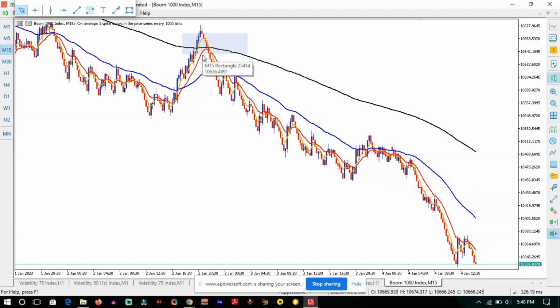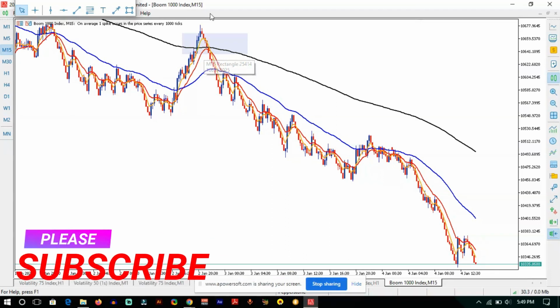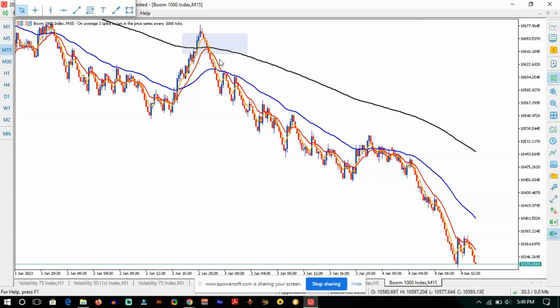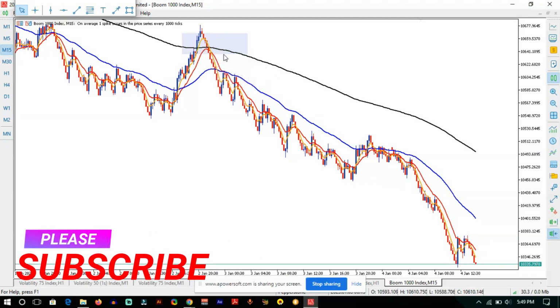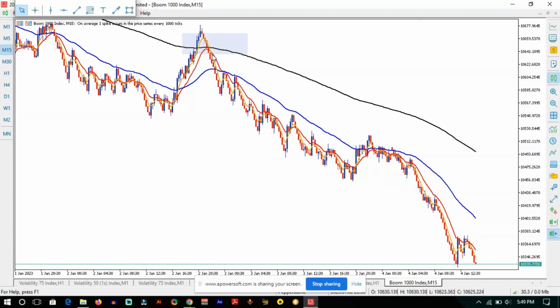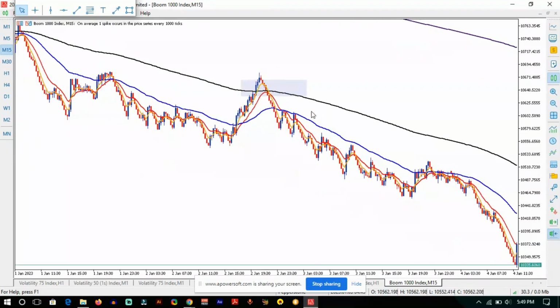So a retest on the 200 on M15 becomes a retest on the 13 on H4, which means you can swing trade with this strategy. If I retest the 200, you can take your entries and then you move explosively down, because you know you're going in for long ones.